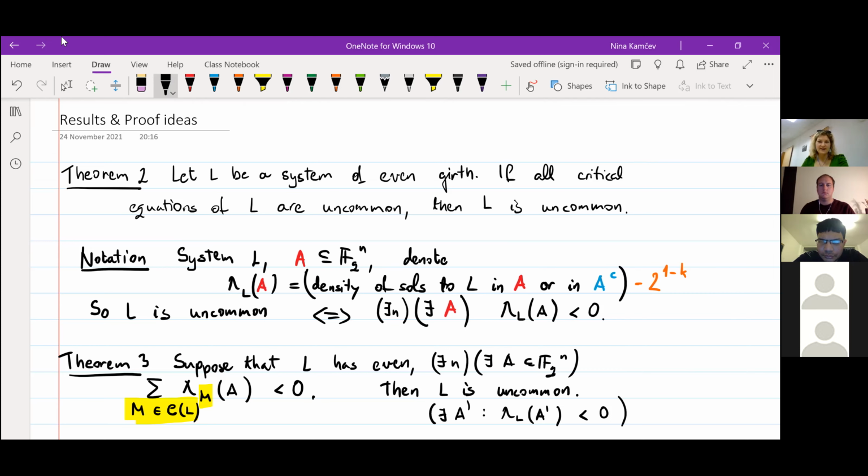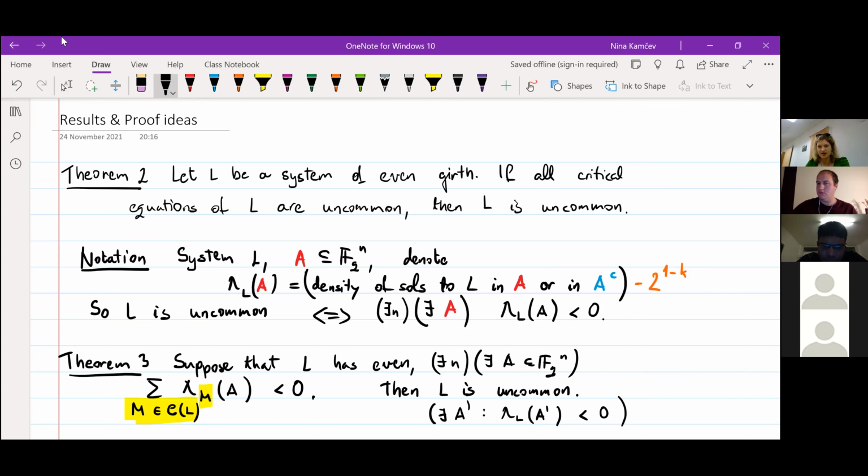Therefore, let us take a certificate for their uncommonness, put it into this equation here, and decide uncommonness of L. But that's, of course, cheating because we don't have a common certificate for L, and that's the challenge in this proof. Okay, so that's a comparison between these two theorems, and I'll show you later how to deduce theorem 2 from theorem 3.